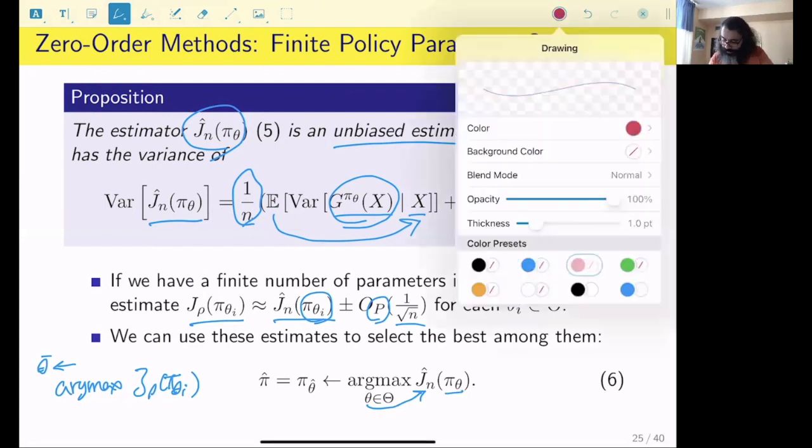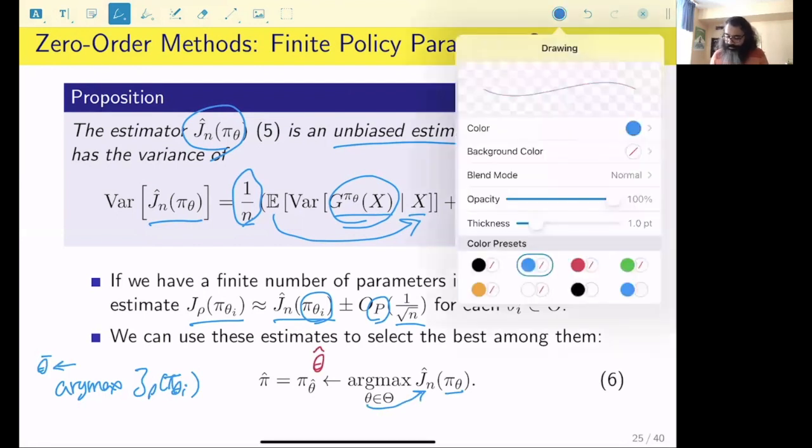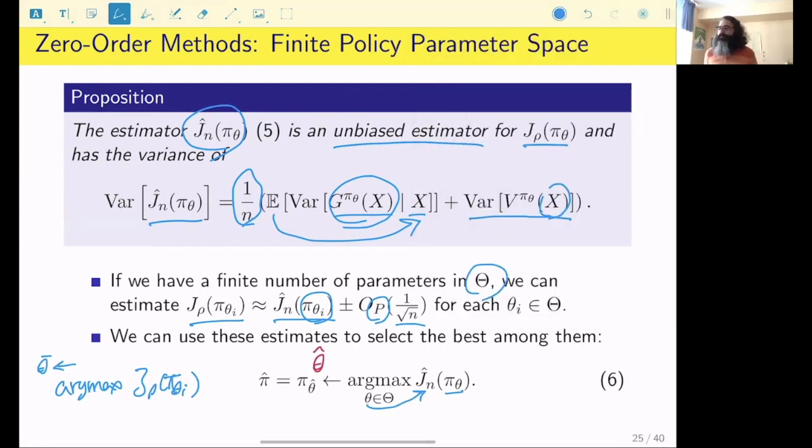So here maybe it's more accurate to call it pi hat, and then pi hat induces theta hat, and theta hat induces pi of theta hat. Okay, first of all, is it clear what has happened?